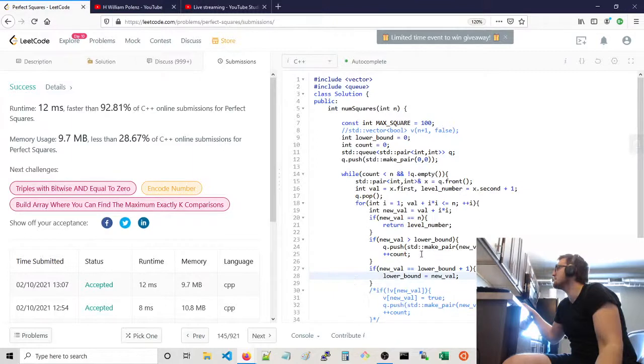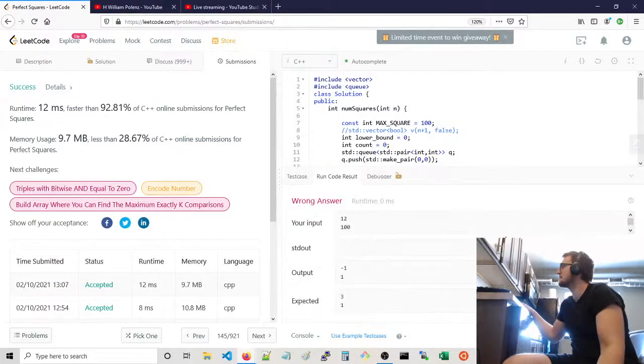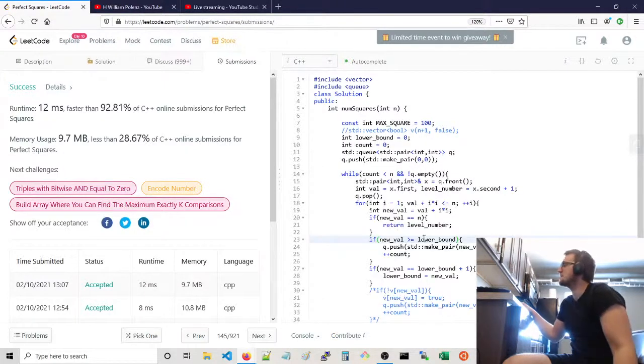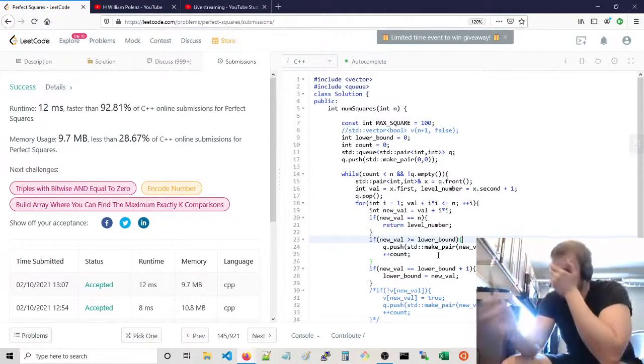I don't know. What is greater than or equal to no lower bound? So basically the idea is, let's see what's happening here. The idea is that we're trying to generate all these numbers.